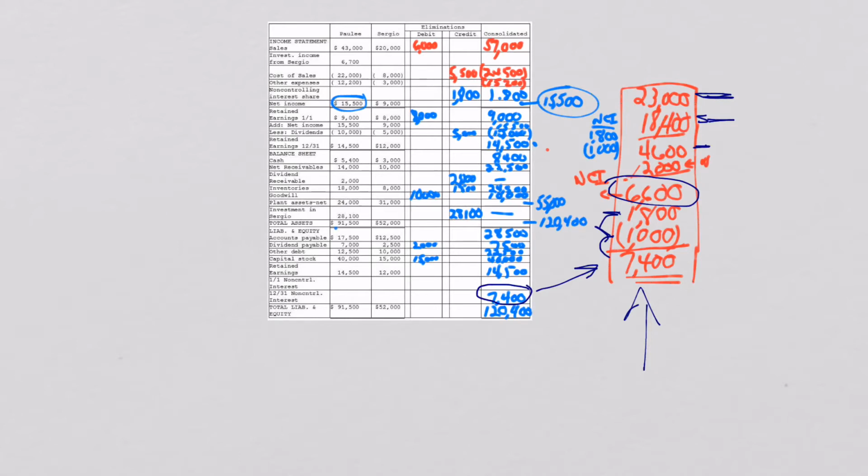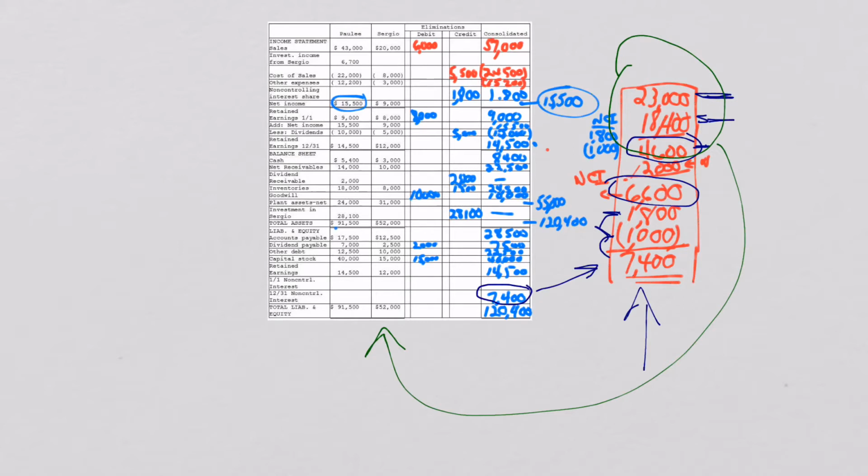And this bottom number here, the 4,600, got us to our non-controlling interest before adjustments, because remember, these numbers at this point are coming from the unadjusted subsidiary numbers down here.